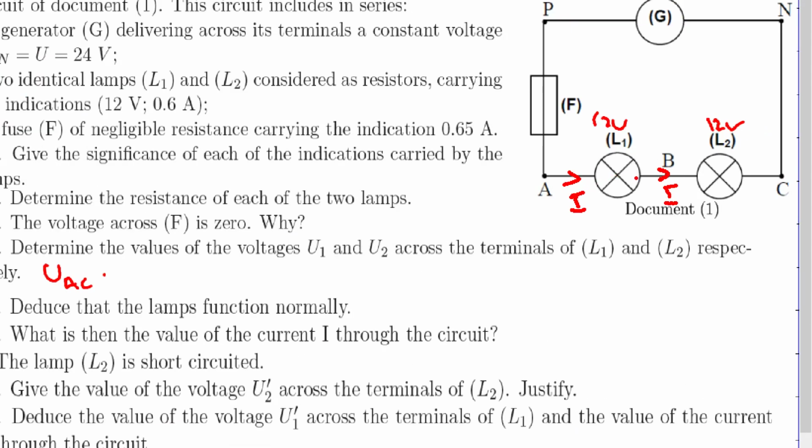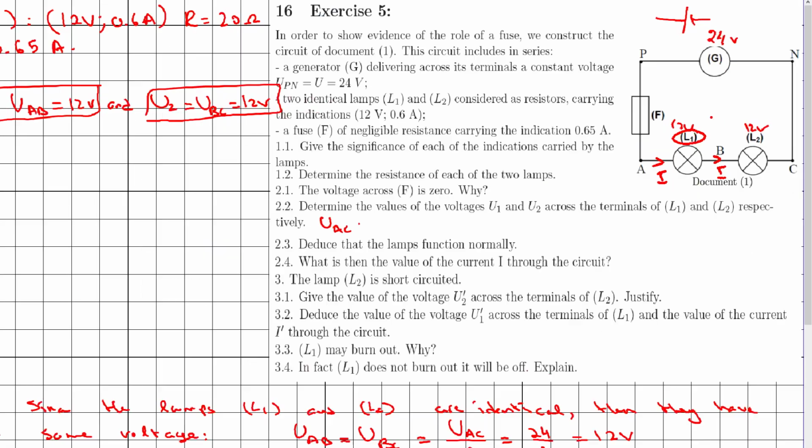So let's discuss only the current across the lamp L1, and this is a series grouping circuit, so the current is the same.